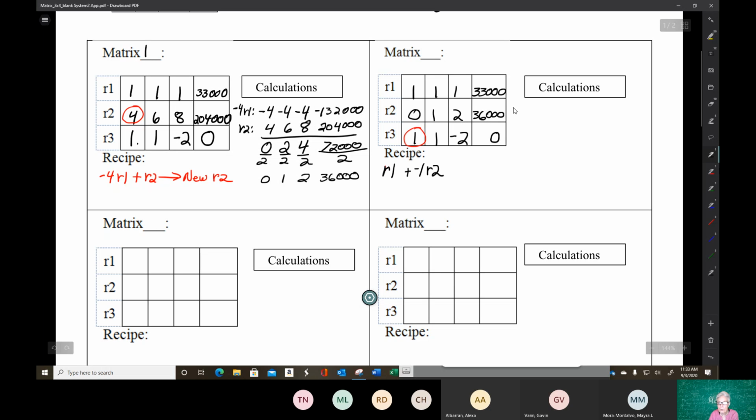Okay, so row 1 is going to be 1, 1, 1, 33,000. And negative 1 times row 2 is going to be, it's row 3. There you go. That's ugly. I'm going to erase it and do it again.